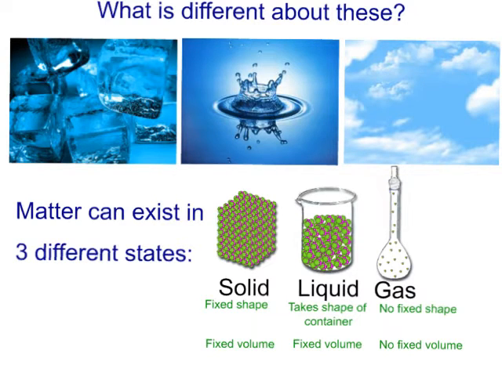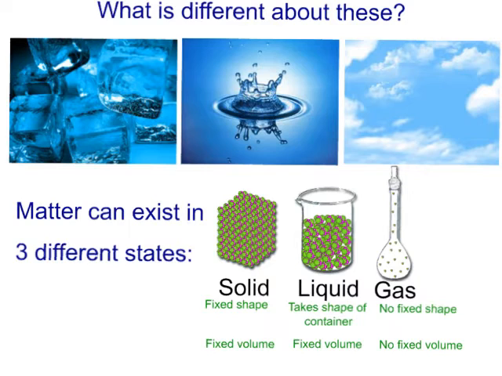So here's a question for you. While we're talking about matter, what is different between this picture, and this picture? Kind of a silly question, but it's a really profound question. Each of these pictures shows a similar substance, or the same substance, water. However, it is in different states.